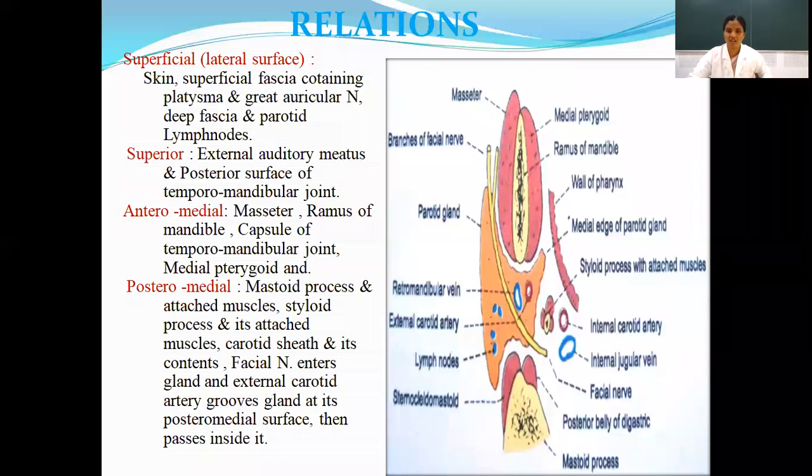Identify styloid process. This styloid process gives origin to three muscles: stylohyoid, stylopharyngeus, and styloglossus. And the tip of the styloid process is related to two ligaments, which are the stylohyoid ligament and the stylomandibular ligament.